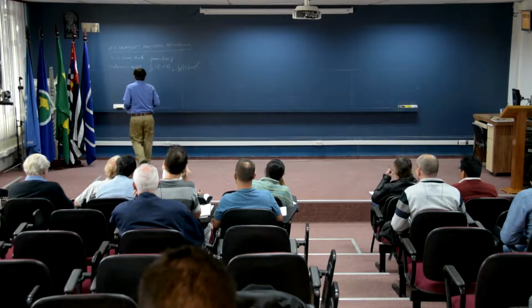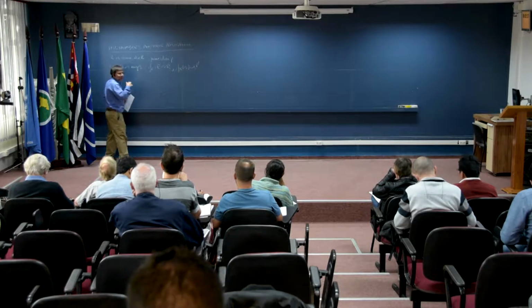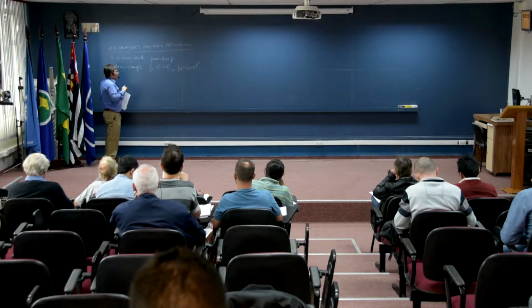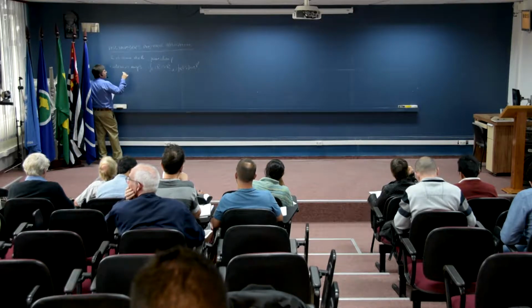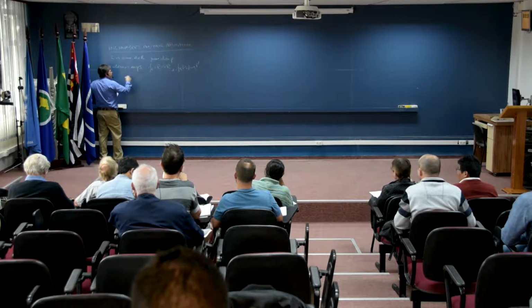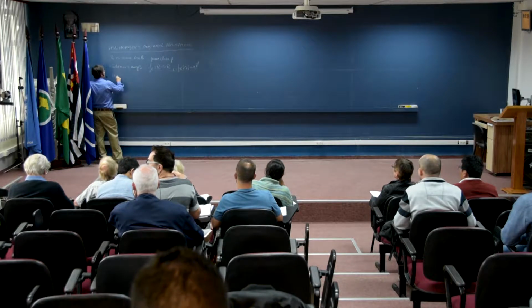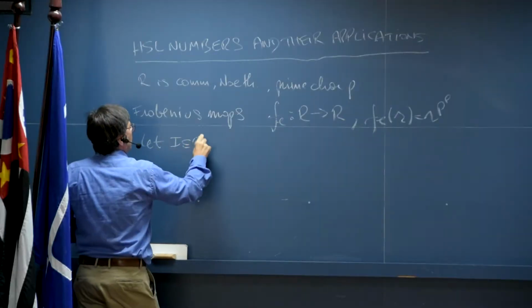And what can you do with these ring homomorphisms? Well, you can do lots of interesting things, but one of them is you can expand ideals using this ring homomorphism. So let I be an ideal.